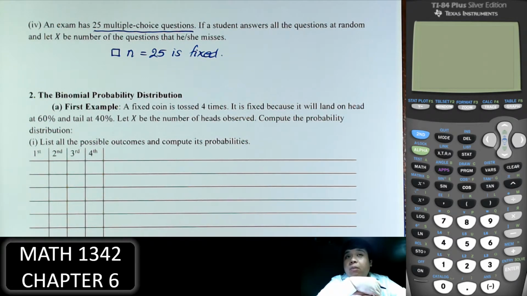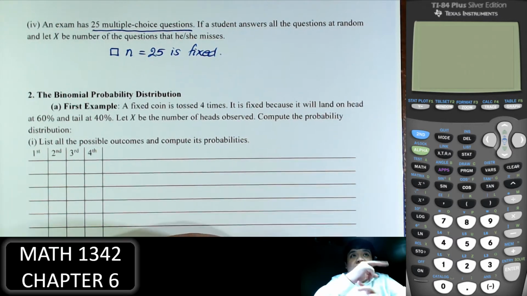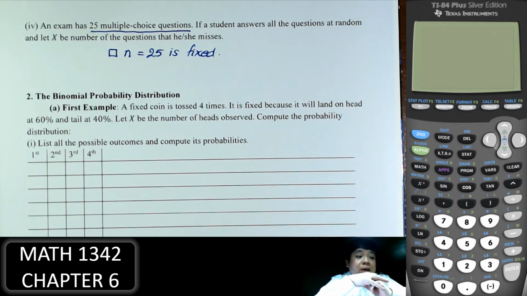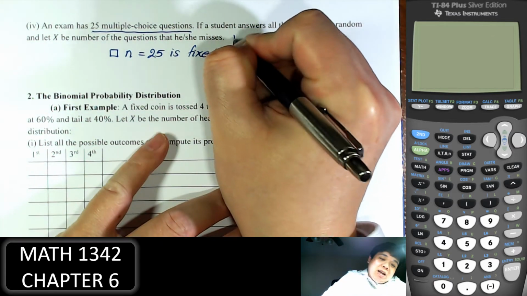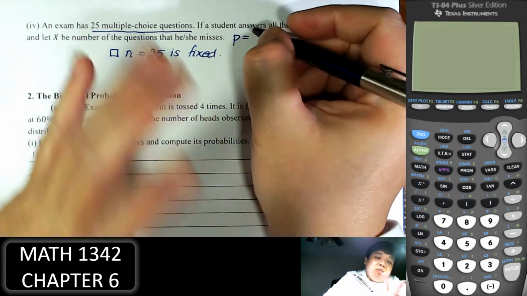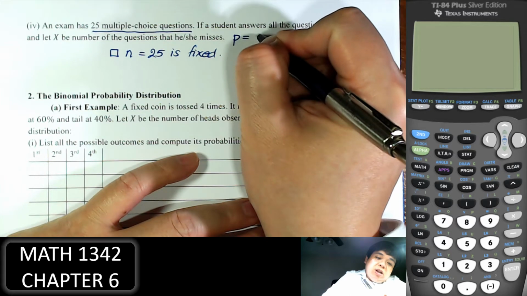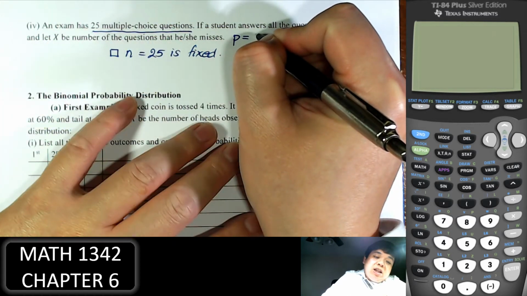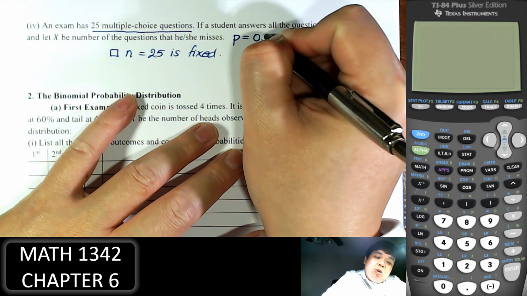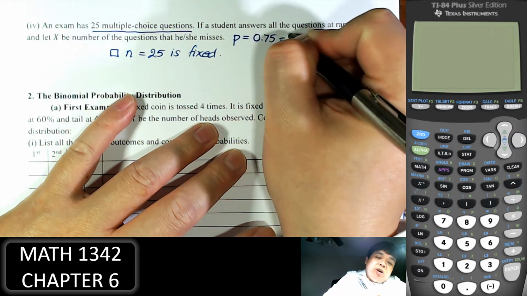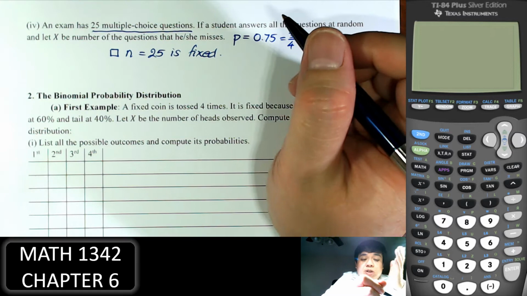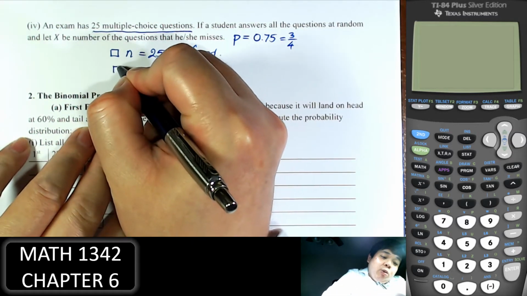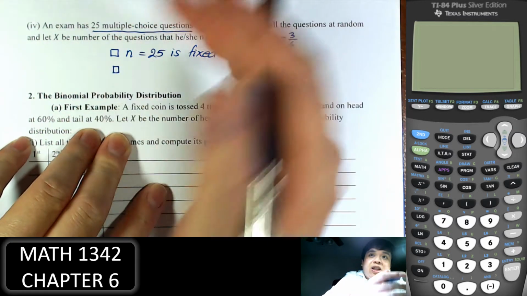If we say answering the question correctly is success, then the probability of success is 1 out of 4. Of course, we can also consider success to be missing the question. With 4 choices for each question, the probability that she will miss is 0.75 or 3 out of 4. If the student answers at random, whatever the first question is doesn't depend on the second and so on.